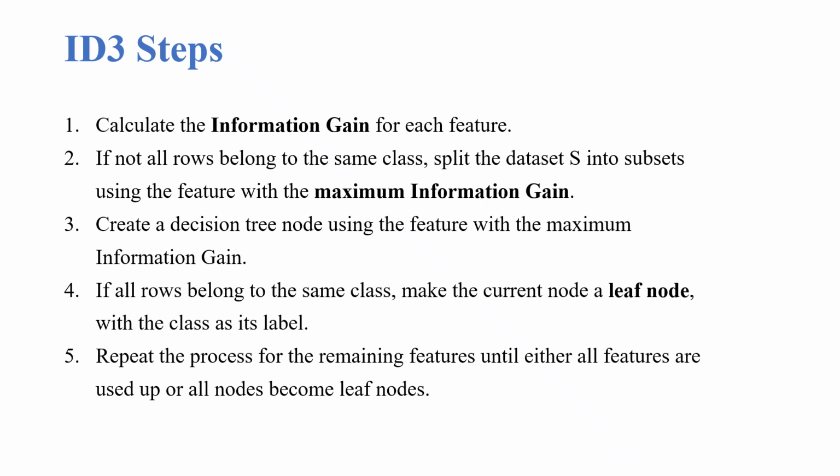Create a decision tree node using the feature with the maximum information gain. Next, if all rows belong to the same class, then make the current node a leaf node with the class as a label. Repeat the process for remaining features until either all features are used up or all nodes become leaf nodes.